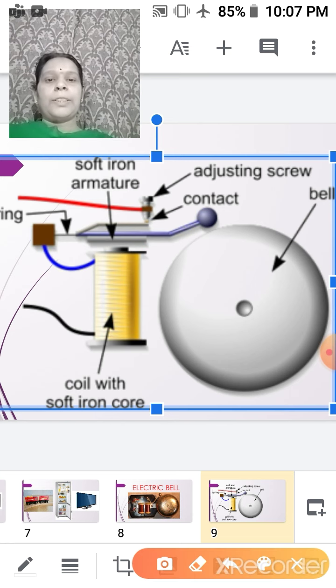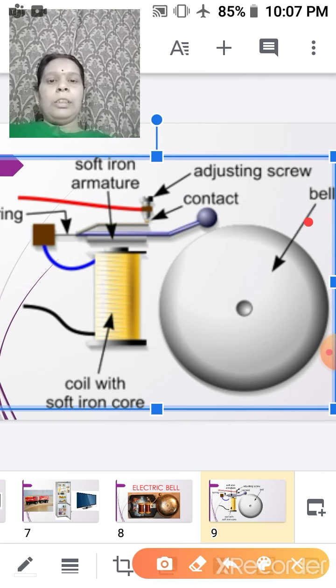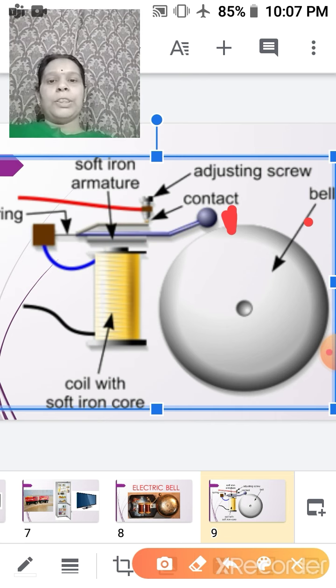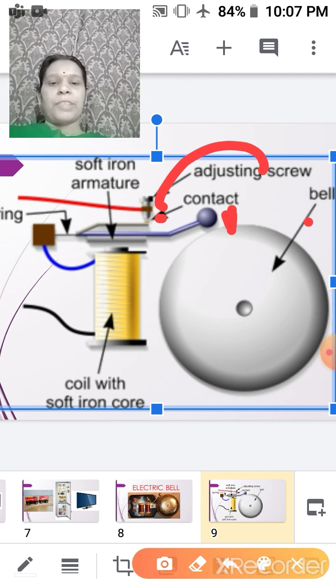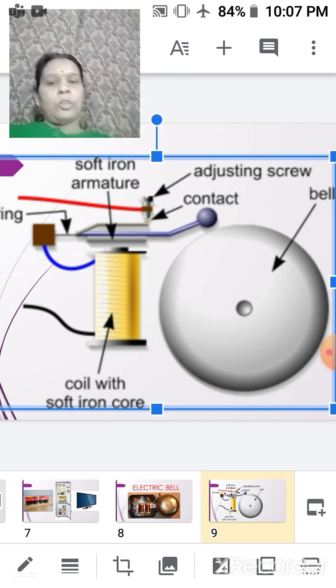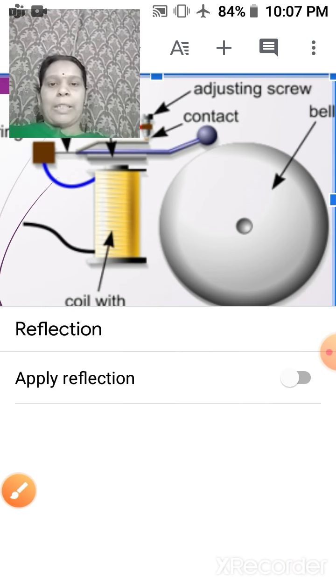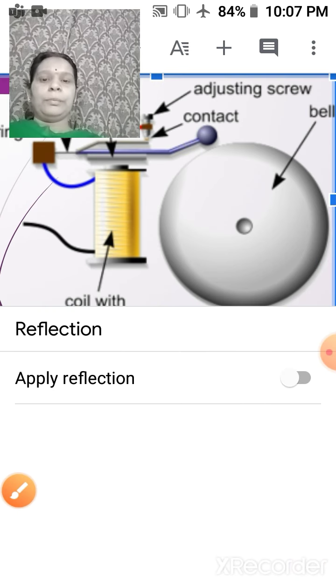Here you can see the bell, then the contact which keeps on hammering over here. This is the adjusting screw, your armature. This is the spring which keeps on moving, and this is the coil with soft iron core which will be behaving like a magnet.